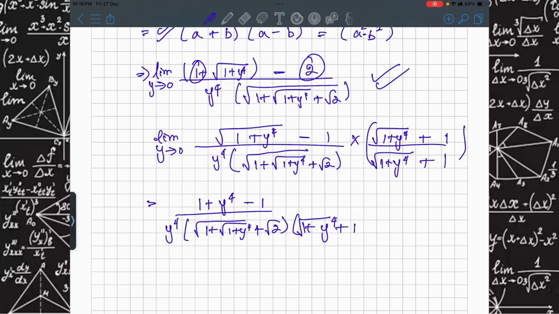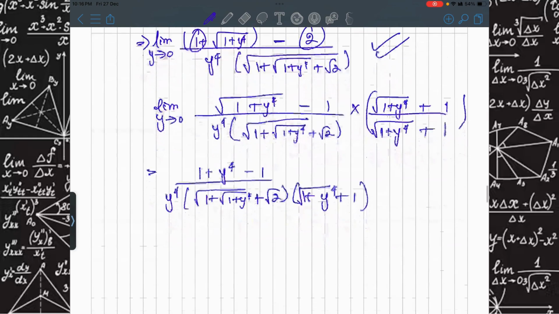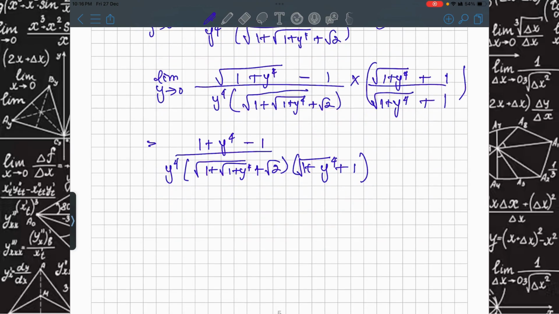This is under root, right? The denominator is kind of complex, but we have arrived at the form because we have cancelled out the 1 and minus 1, and then y power 4 and y power 4 get cancelled. So the final one is, again, limit y tends to 0.